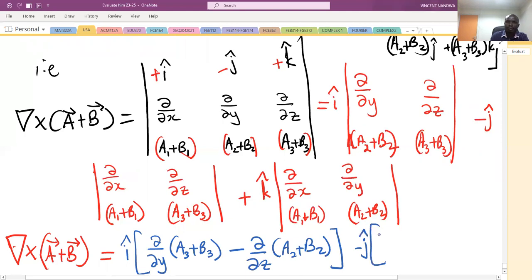This one will be partial x of A3 plus B3, and then minus partial z of A1 plus B1.